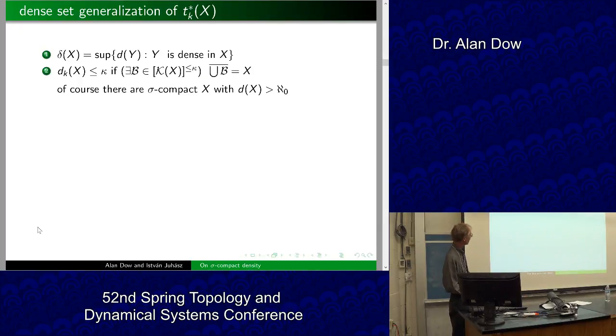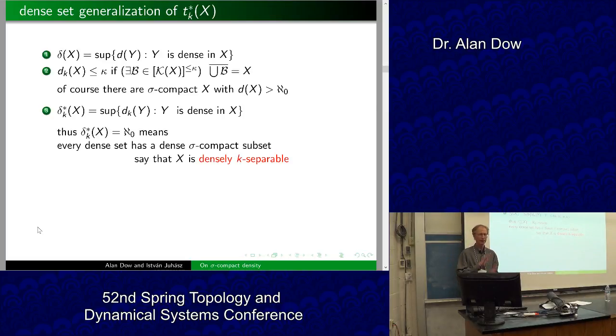Very simple idea. A sigma compact space would have d sub k equal to 0. Of course, d sub k resembles density, because if you took a compact space, its d sub k would be 1, but its density would be whatever.